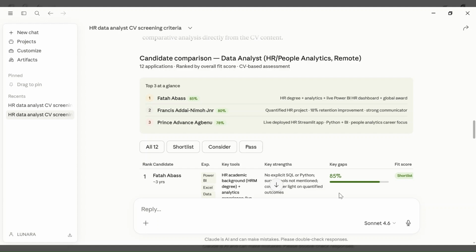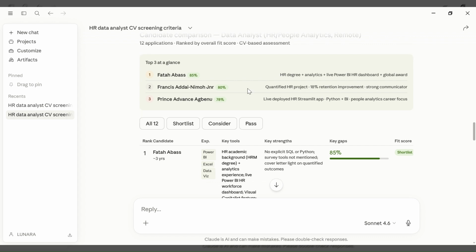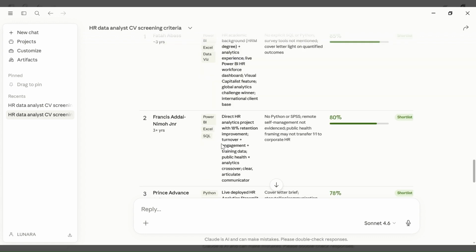So we have Claude doing a very great job for us. It's been able to identify the top candidates for us. We have the top candidates here. We have the filters here. You can use the filters to filter the number of people that were shortlisted.